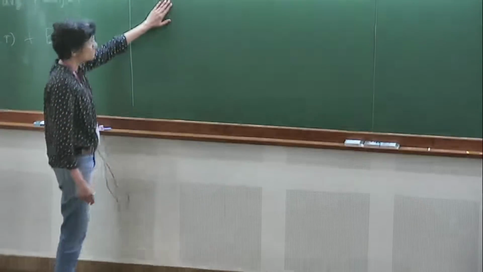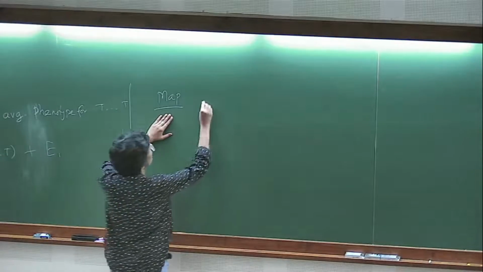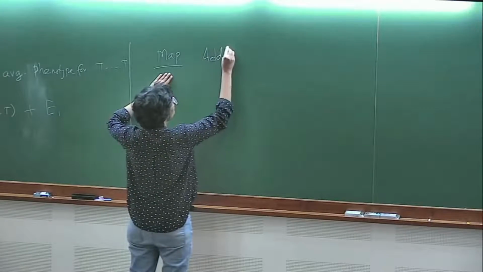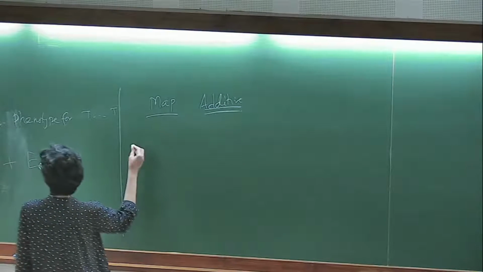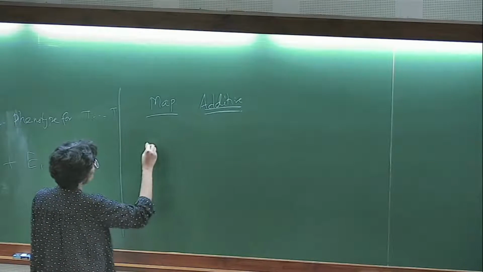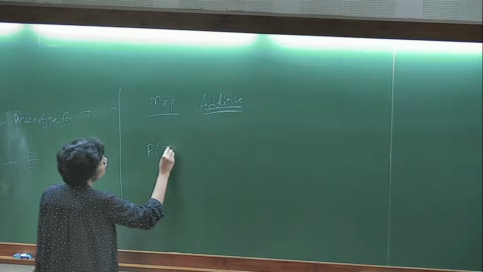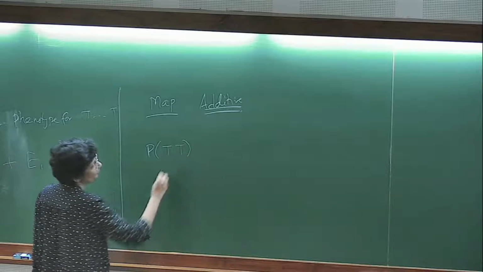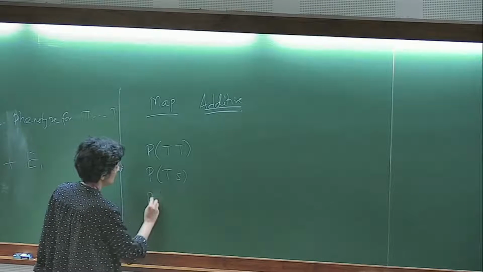This map, Shweta already introduced to you, and we will use what is called the additive map. I just wanted to elaborate that a bit. I have a single locus model, with TT, TS, and SS.